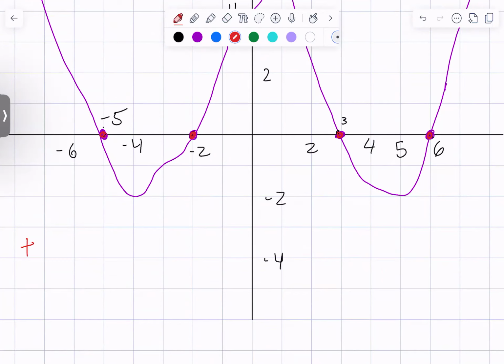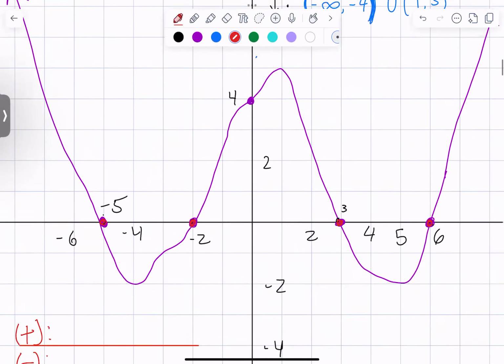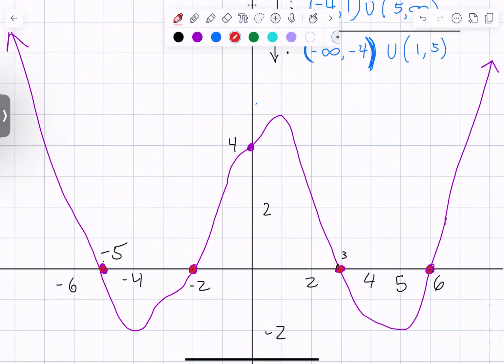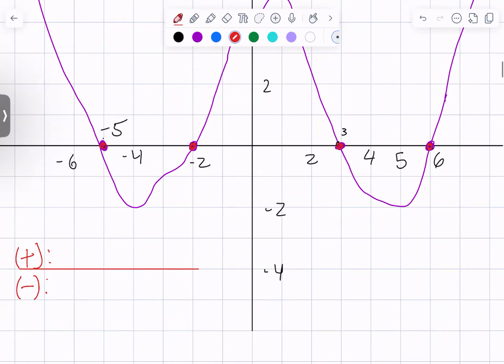I'm going to go positive and negative, just like how with increasing and decreasing, I just looked at it from left to right. I'm going to do the same thing for positive and negative. So starting off at negative infinity, it's positive, positive, positive up till -5. So from negative infinity to -5, I'm positive.